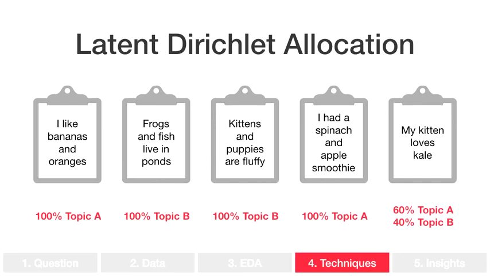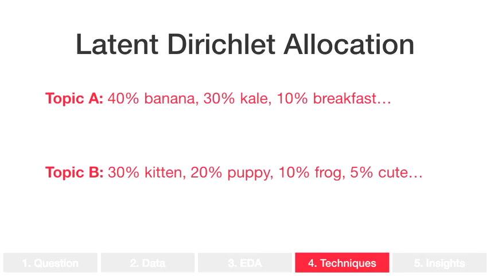I talked about how this document ends up being a probability distribution, or a mix, of these topics. In addition, every topic ends up being a mix or a probability distribution of these words. So this is what you would get as an output to LDA. You would see this topic contains this much about bananas and kale. This topic contains a lot of words about kittens.